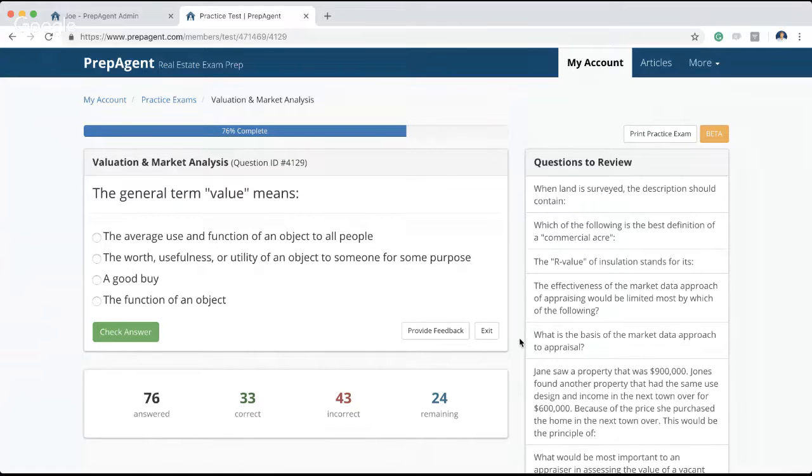B, the worth, usefulness, or utility of an object to someone for some purpose. C, a good buy. D, the function of an object. Good. B.